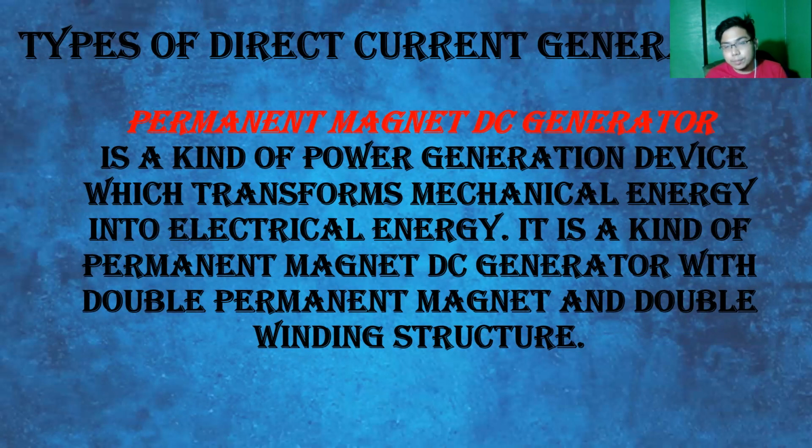So, yung sinabi ko kanina, yung kanina is electrical to mechanical. Ito naman, power generator na nag-transform ng mechanical to electrical energy. Ito daw ay may permanent magnet. These are generators with double permanent magnet and double winding structures.